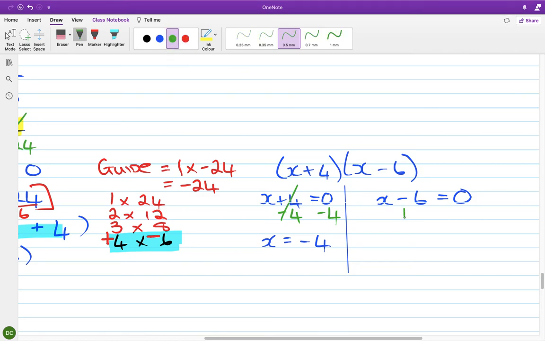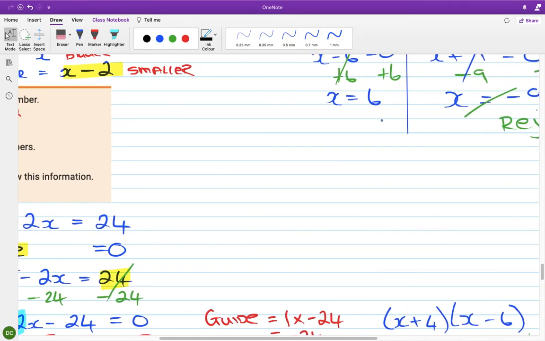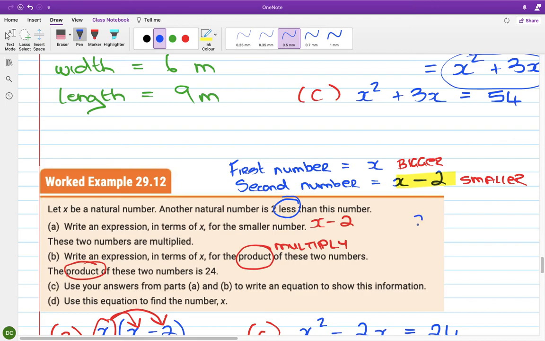And then this one needs to be plus 6 and plus 6, so x equals 6. Okay, so there are the two answers. So minus 4 and plus 6 are what I'm after getting. So x is minus 4 or x equals 6.